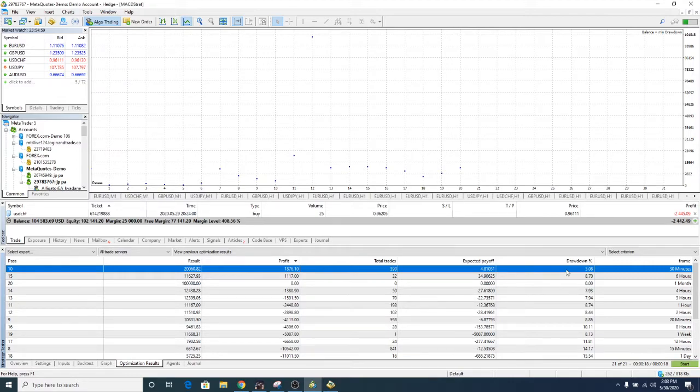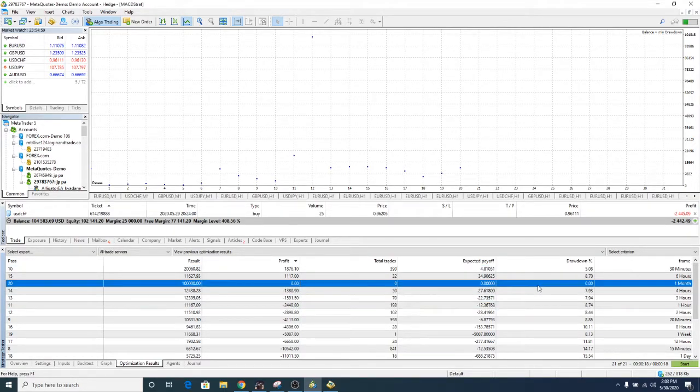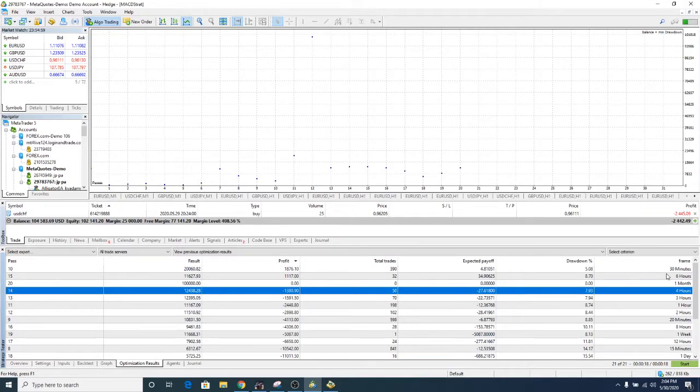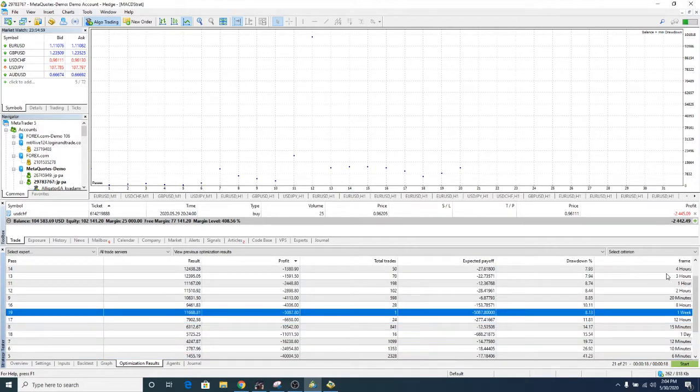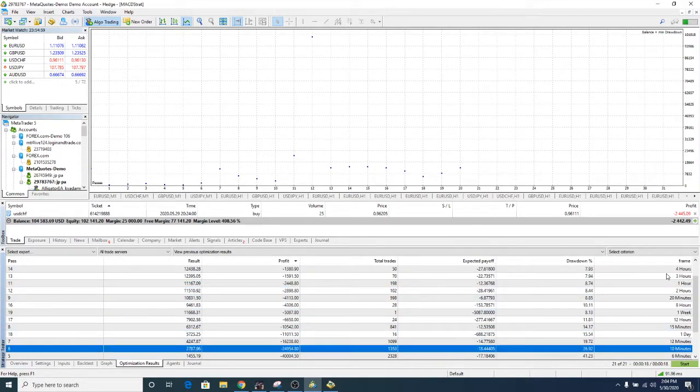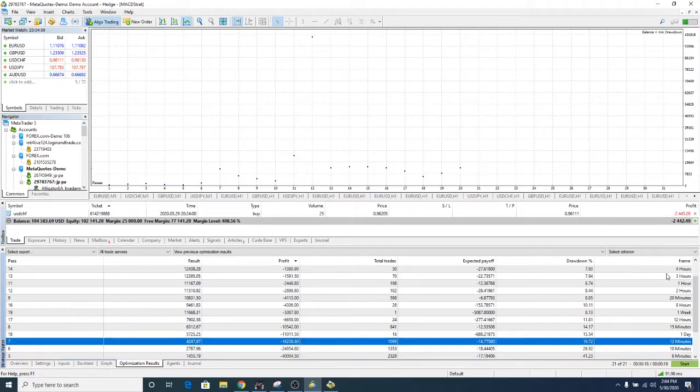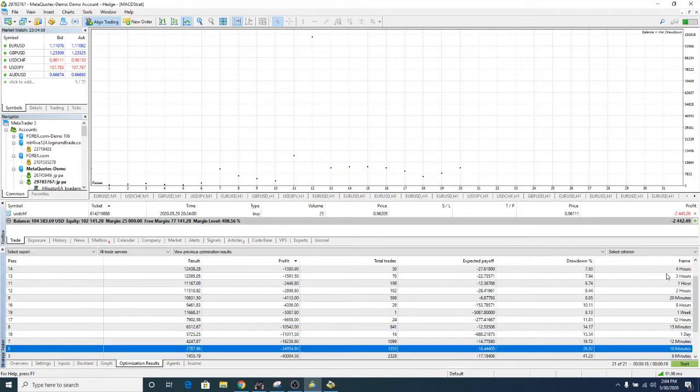So it took a drawdown of 5% and only a profit of 1%. That wasn't really good. The other time frames, including 4 hour and 1 hour, were all negative, with large total trades, and of course the lower time frames showed extremely negative results.